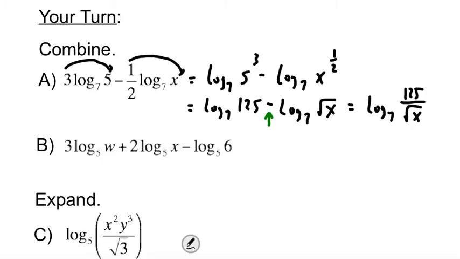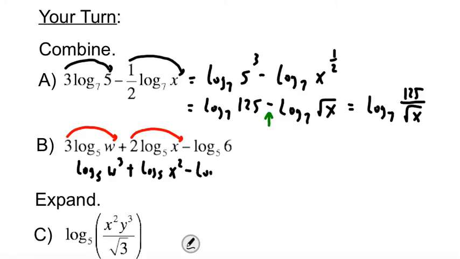All right, letter B. Let's combine these as a single log. Put the 3 back in, put the 2 back in, and there's no power for the last one. So when I do that, I end up getting log base 5 of w to the third plus log base 5 of x squared minus log base 5 of 6.